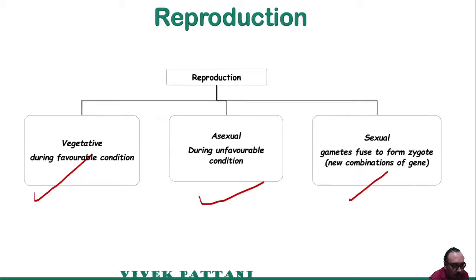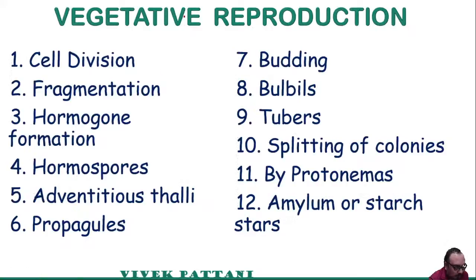Okay, now moving forward with the various types of vegetative reproduction. Basically the vegetative type of reproduction in the case of algae includes several different types.